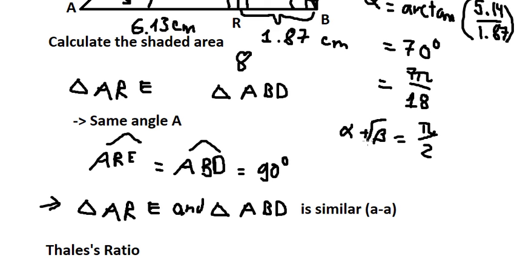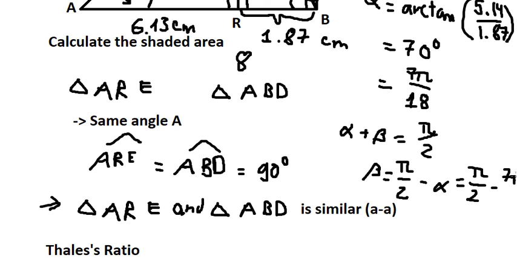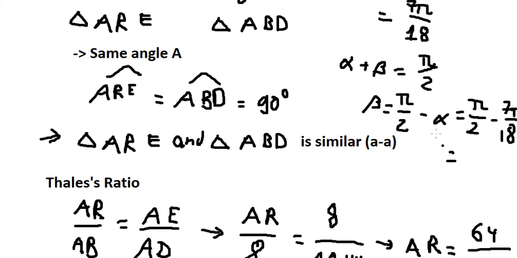Now we want to find this one, but alpha we have this one in here. So we have π over 2 minus alpha, and we have π over 2 minus 7π over 18. So this one we calculate, and we have π over 9.